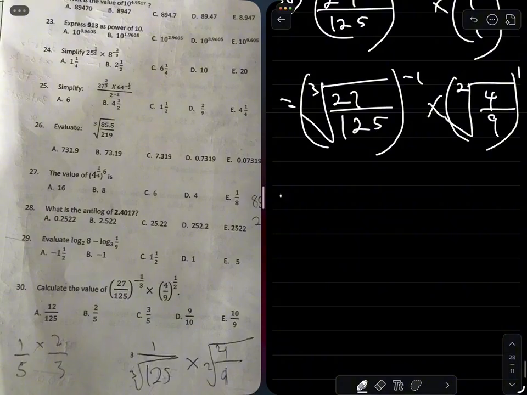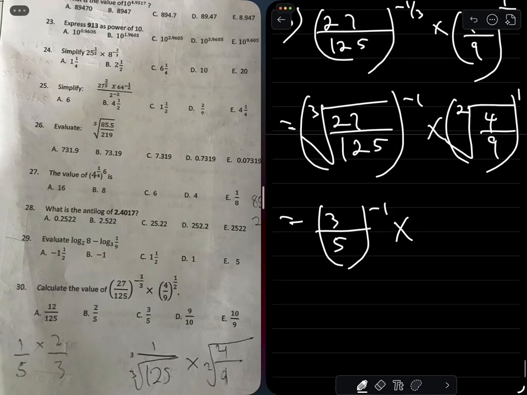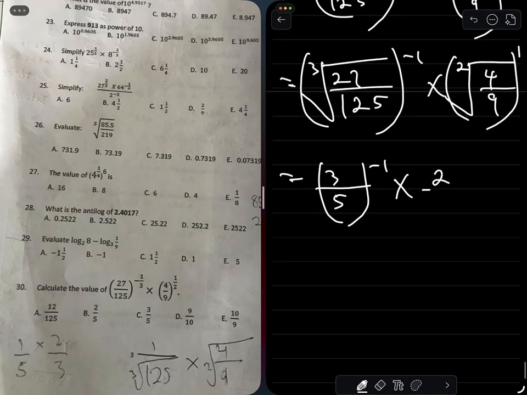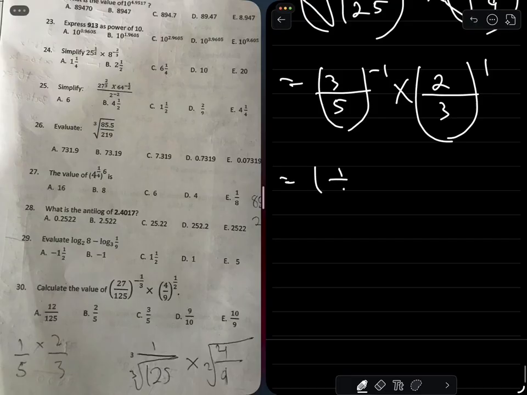Are you there? Yes. The cube root of 27 is 3. The cube root of 125 is 5. Look at that. That will be raised to the power minus 1 times the square root of 4 is 2 over the square root of 9 is 3, raised to the power 1. Exactly. And that simply means this one raised to the power minus 1 means 1 divided by 3 over 5 raised to the power 1, which is the same as 1 divided by 3 over 5 times 2 over 3, and 2 over 3 raised to the power 1 is still 2 over 3.